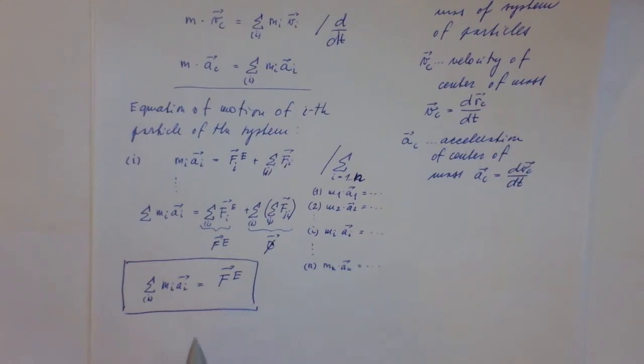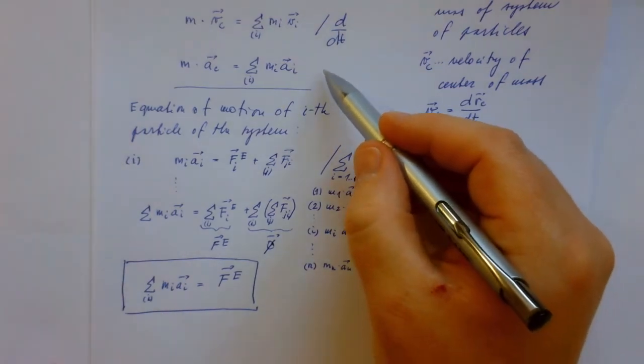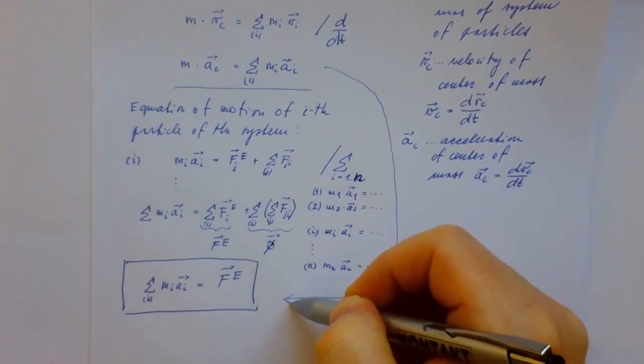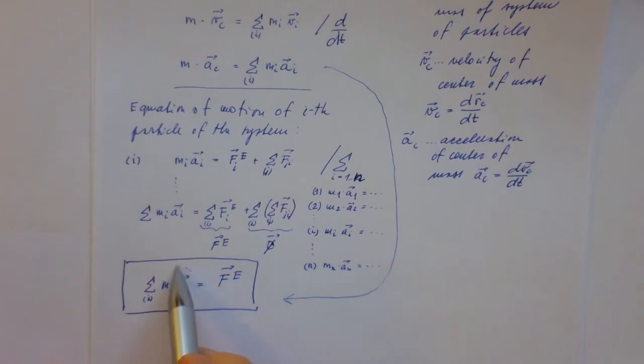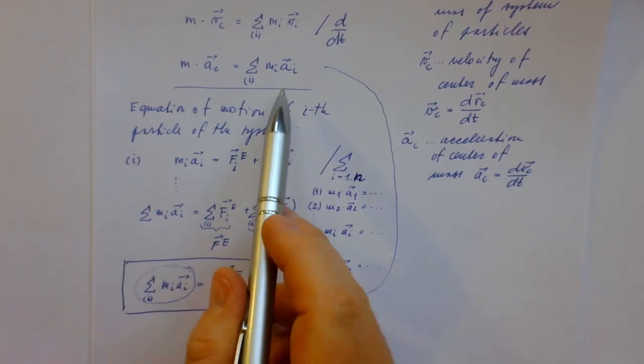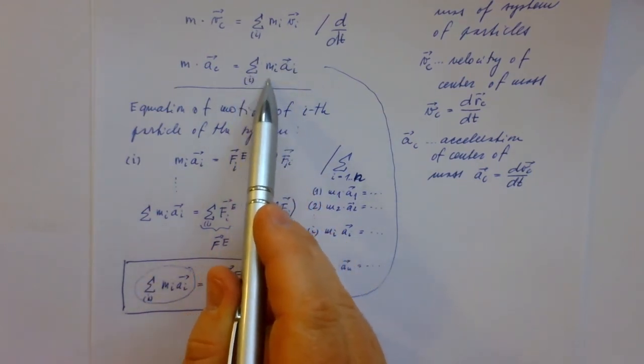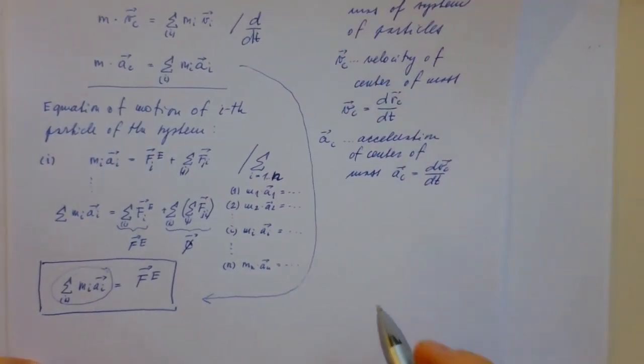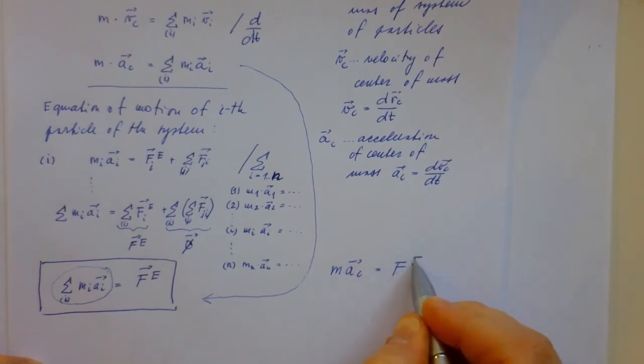And we can expand this idea and substitute this equation here, because we know that it is on the right side of this equation and here it is on the left side of the equation. So finally we get that m by ac is equal to fe.